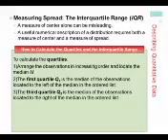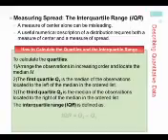Quartile 3 is the median of the upper half. The interquartile range is quartile 3 minus quartile 1, basically the upper quartile minus the lower quartile.